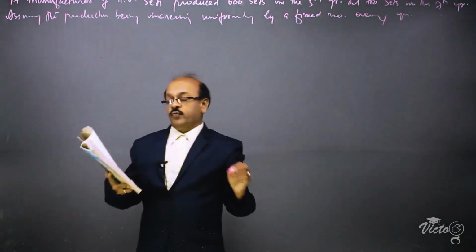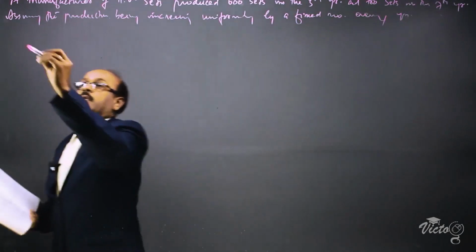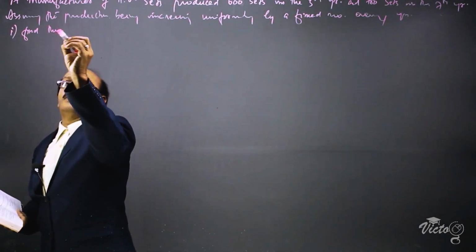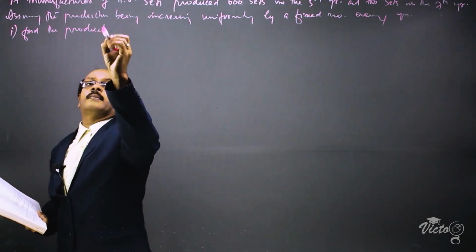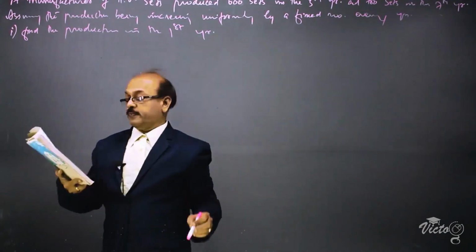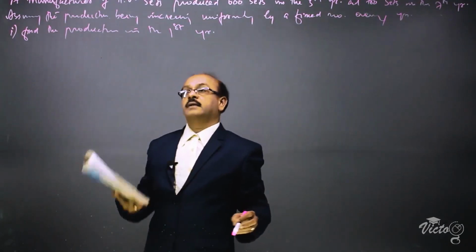Find out, first, the production in the first year. This is the first part. Second part, the production in the 10th year.